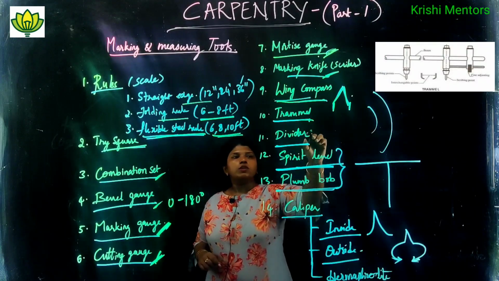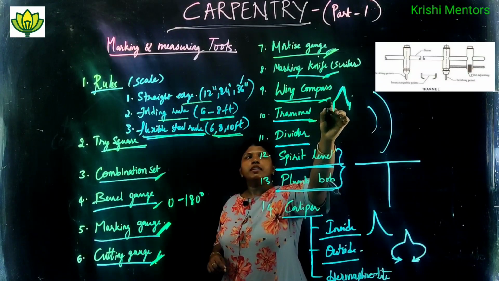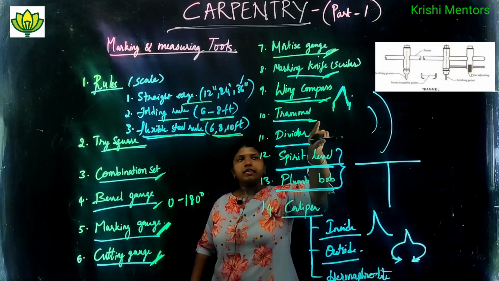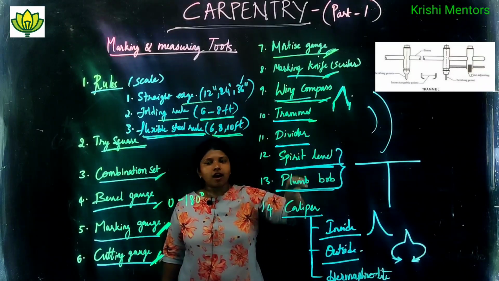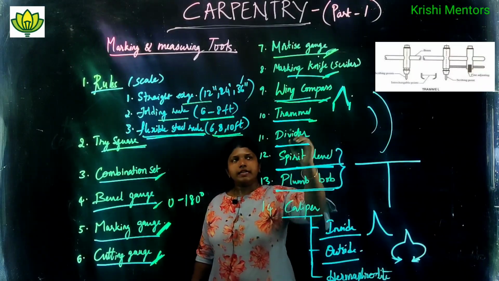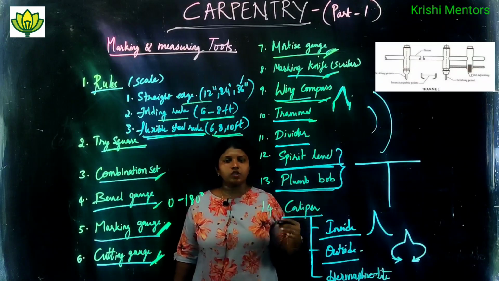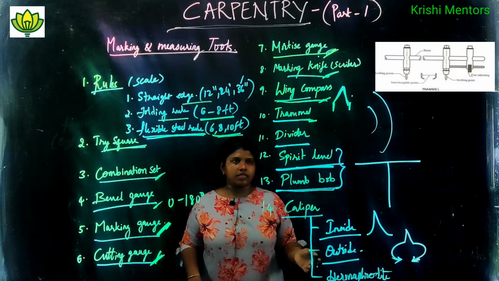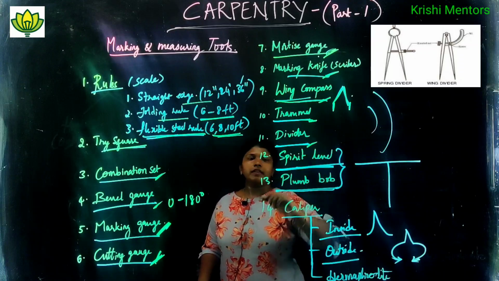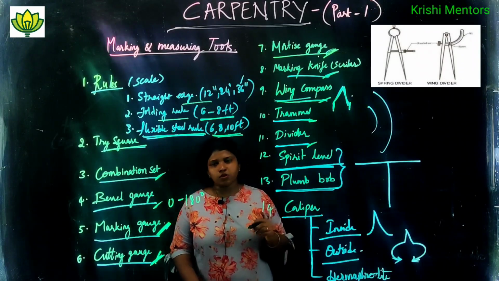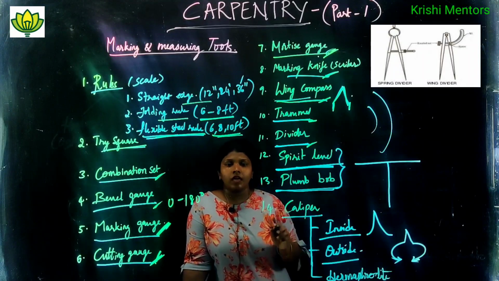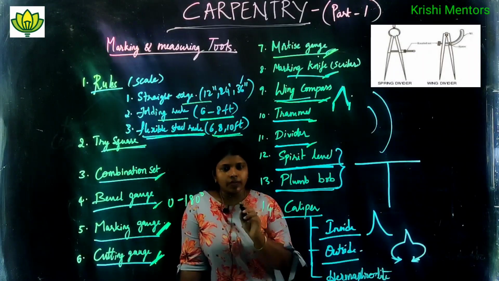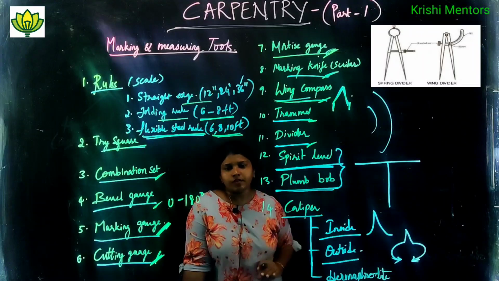This trammel is similar to wing compass, but it can draw larger circles or larger arcs on a job. Next, the divider. This divider is used to measure the distances and also to transfer the measurements from a rule directly to the job that we are working on.